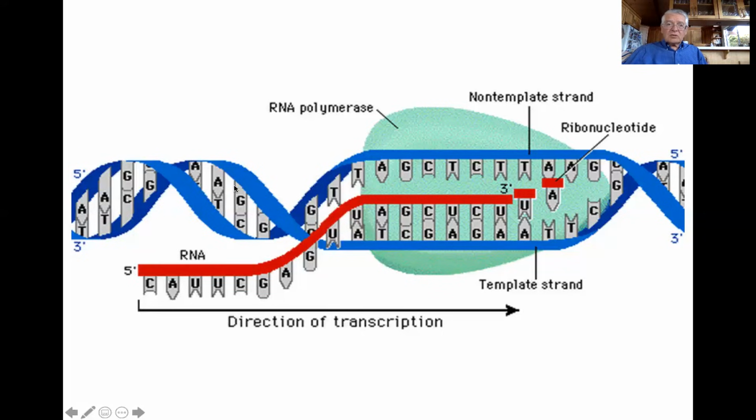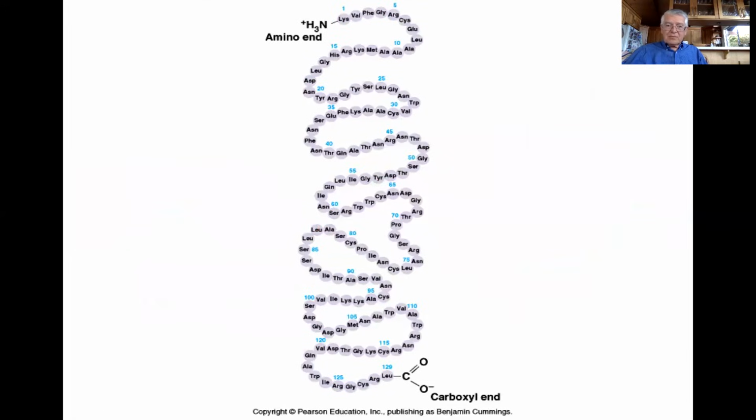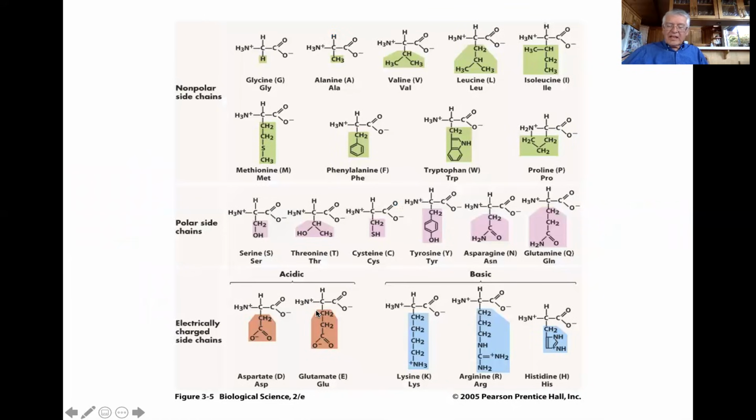Okay, so we've seen what our genes are. We make a copy of a gene into an RNA, and then we go to the next step. The next step is that the RNA alphabet code is somehow used to string together a whole sequence of amino acids. So let me first look at what amino acids are.